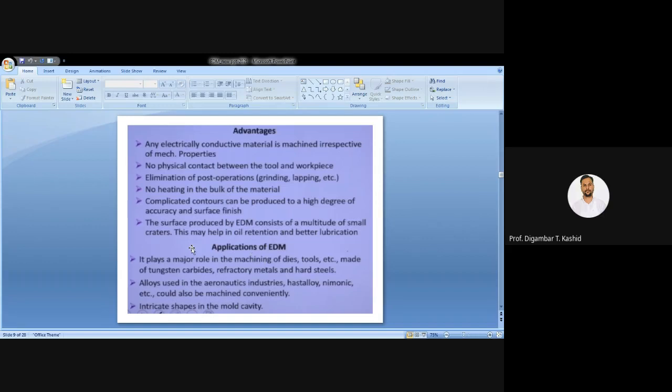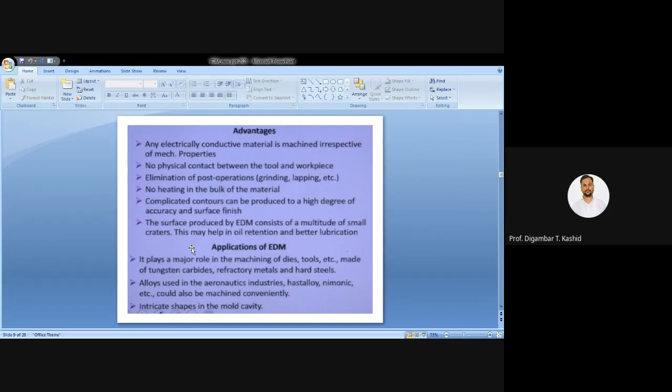Now here I have also mentioned some applications. The first application is that the EDM process plays a major role in the machining of dies, tools, etc., which are made of tungsten carbide, refractory metals and hard steels.